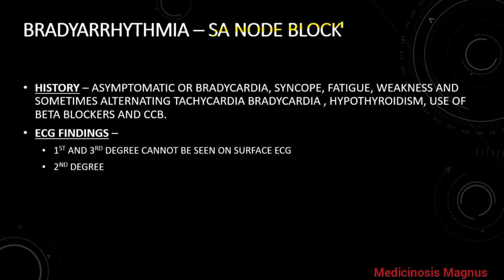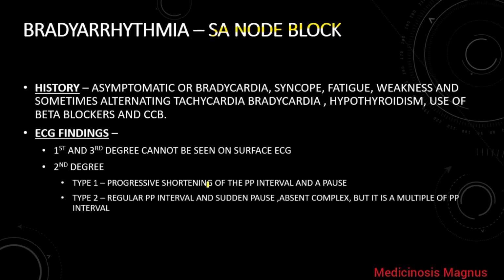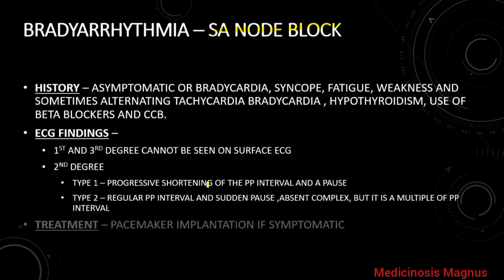The first and third degree SA nodal blocks are not seen on the surface ECG that we use in the clinics. The second degree SA nodal block can be seen in the ECG. The second degree block is further divided into type 1 and type 2. We will see these things in the ECG. The treatment is pacemaker again if the patient is symptomatic.